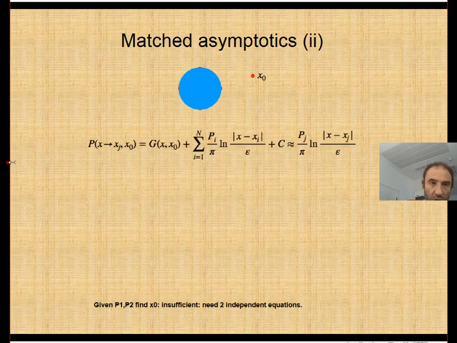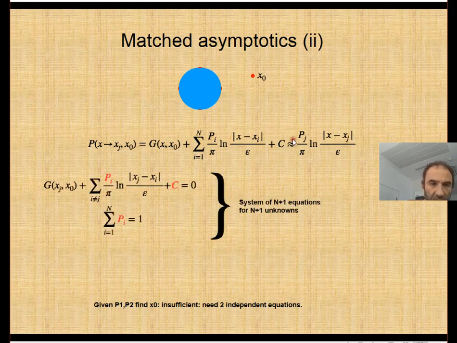So for finding Pi, you just take the limit as the position x tends to xi. You write the solution and it has to behave like the boundary layer, so this gives us a condition, and with this you obtain a system of n+1 equations for all the Pi and for C. So you have n unknowns Pi and 1 for C, and you can now solve your system of equations and find these probability coefficients.